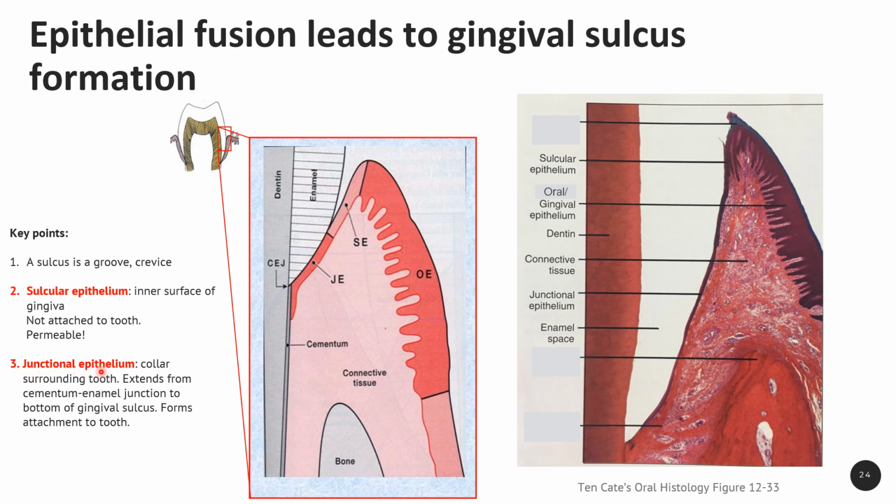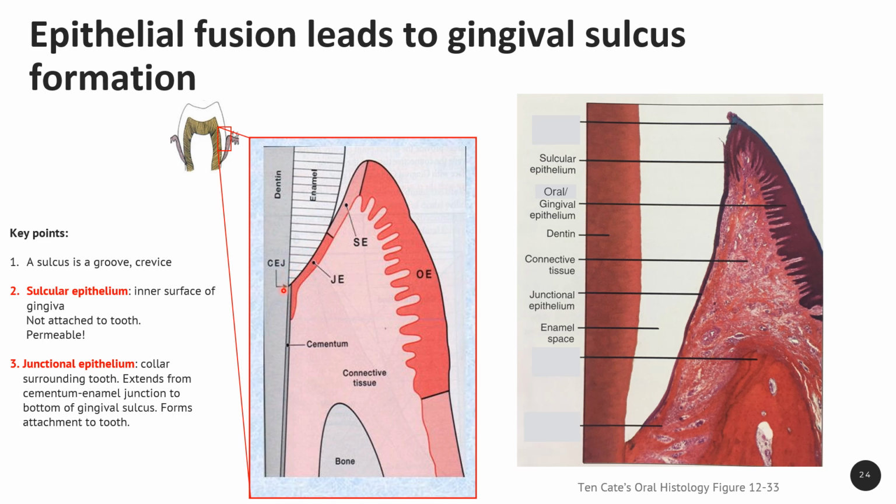The junctional epithelium, JE here, forms like a collar surrounding the tooth and extends from the cement enamel junction, CEJ here. So this is the joining between the cement, like we talked about in root development. This would be then the primary cement, if you remember correctly, around the outside of the tooth, and the enamel.